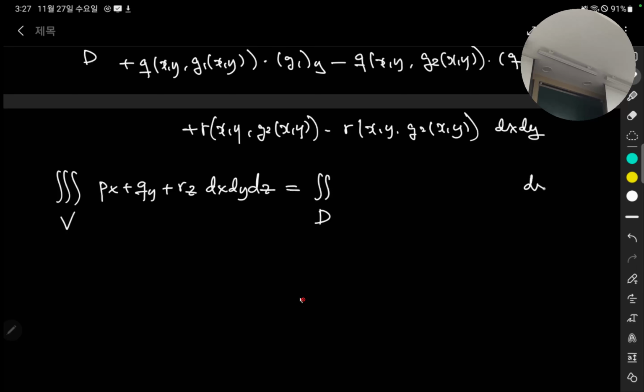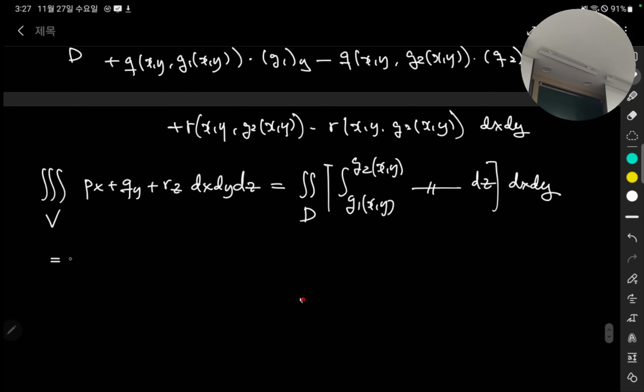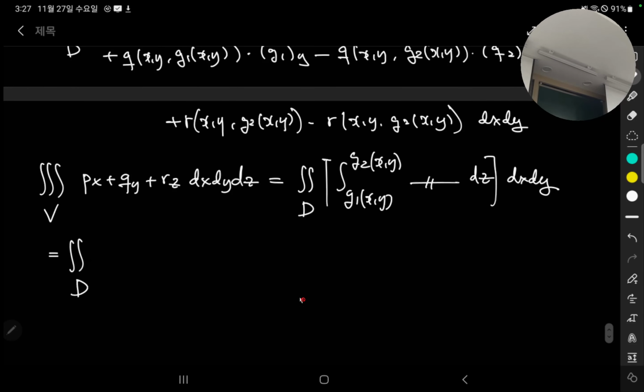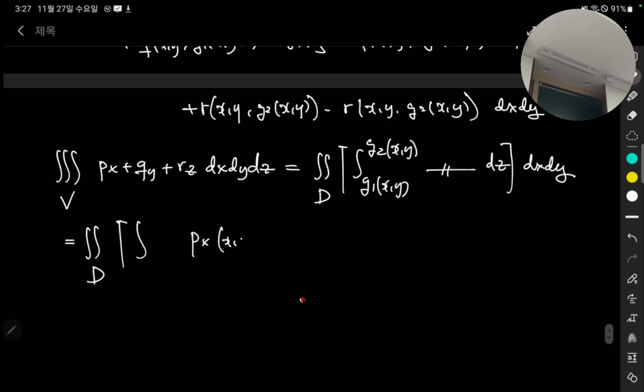So on the dx dy part, you only want to integrate over the range of z from G1 of x, y to G2 of x, y, right? That's what you want. So Px here is also a function of x, y, and z.